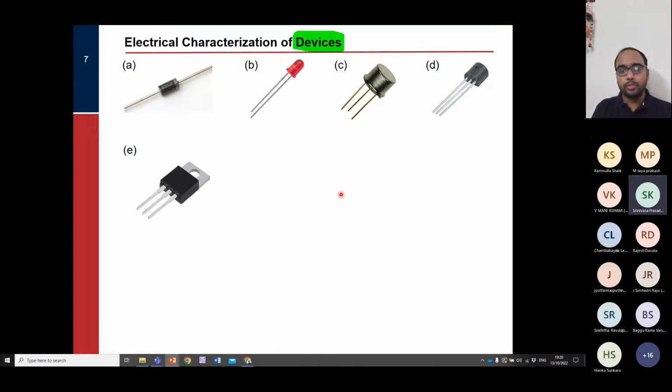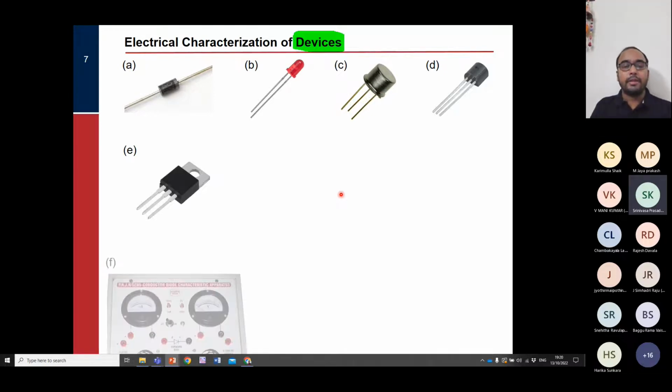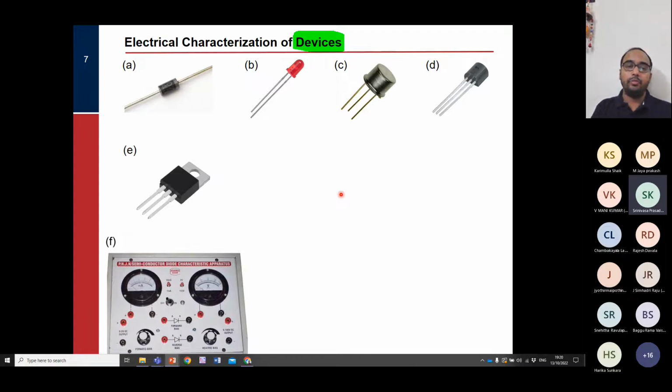Now these are something which we see in undergraduate labs, and the way we measure them, either we have these components, or sometimes in the labs we have some sort of compact structure like this, where all these components have been fit up in a circuit, and then you just have to switch it on.